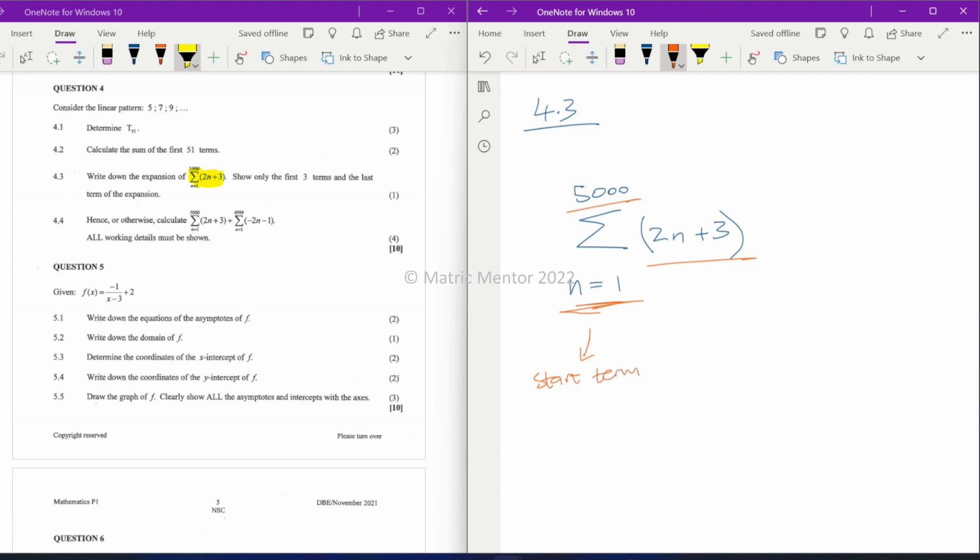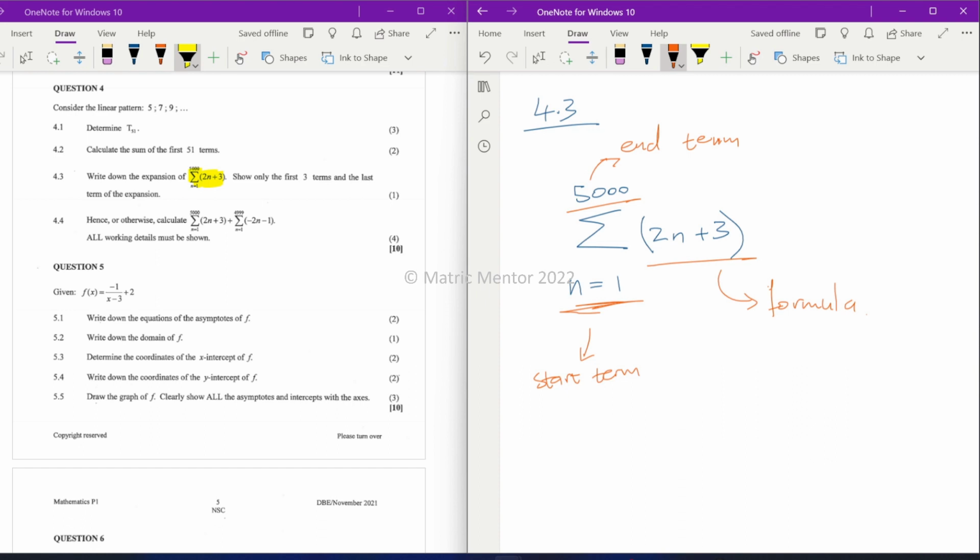This is our ending term, right? And this is our formula. So this is the Tn equals 2n plus 3 formula, for example.